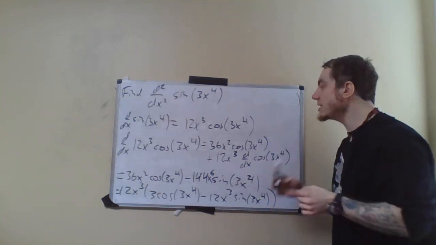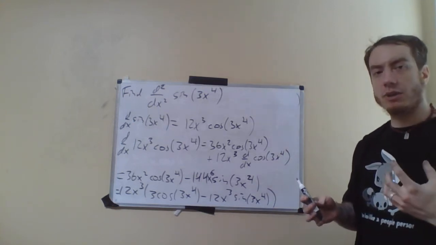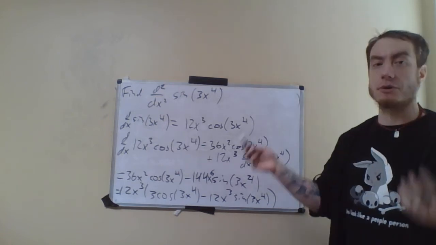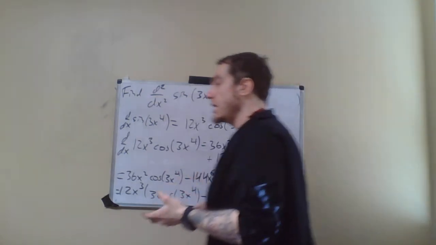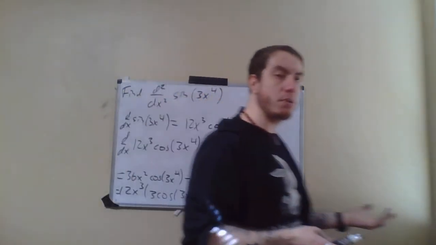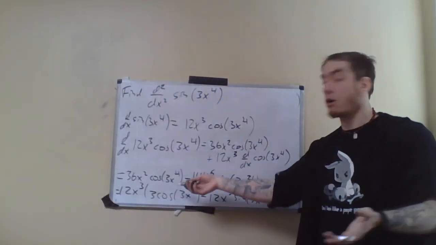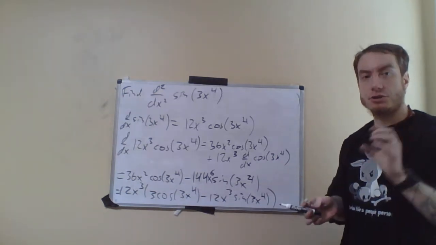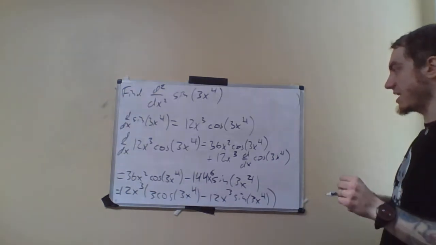And so as long as I keep track of that, and I don't let myself get overwhelmed by the fact that this is turning into something rather lengthy, I will get through to the end and get my answer. And maybe the answer won't be the neatest or most compact thing. Our answer here is pretty complicated. But, just try not to let yourself panic about those kinds of things.